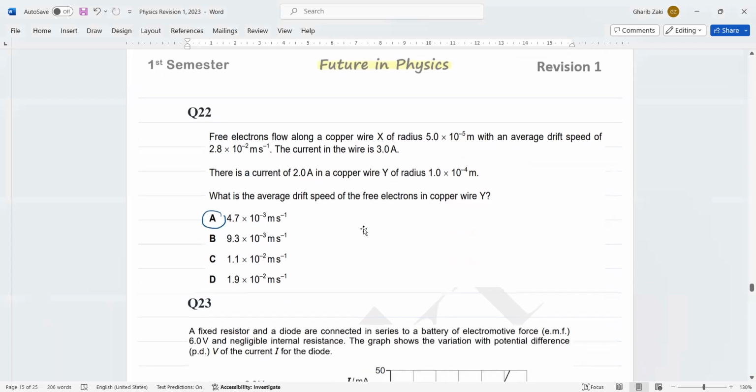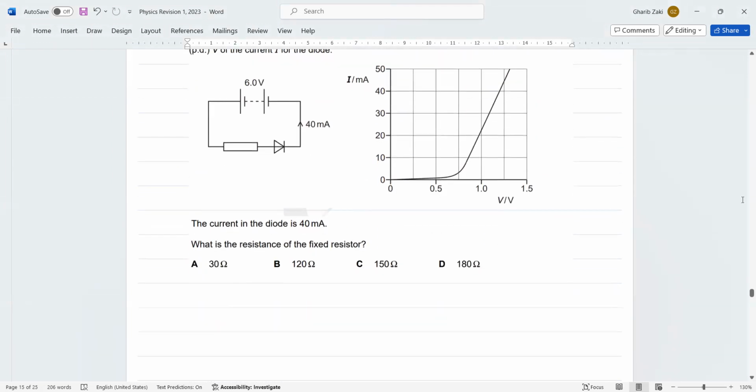And now the answer of this part. If you have any doubt, you can inform me on WhatsApp.